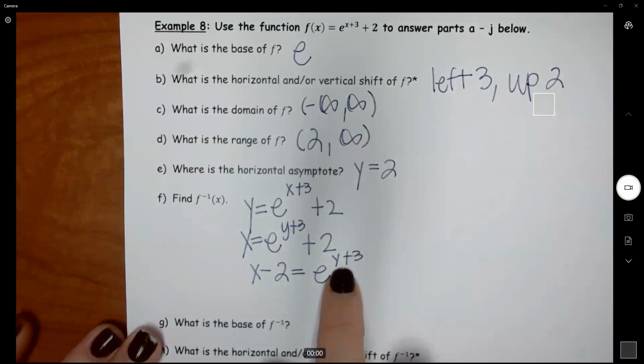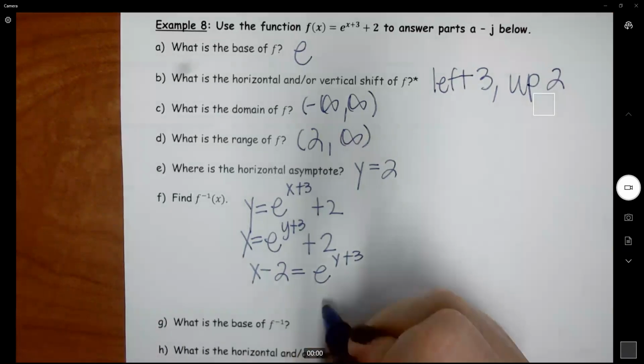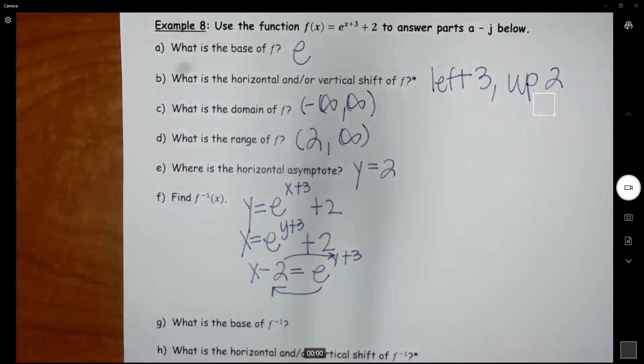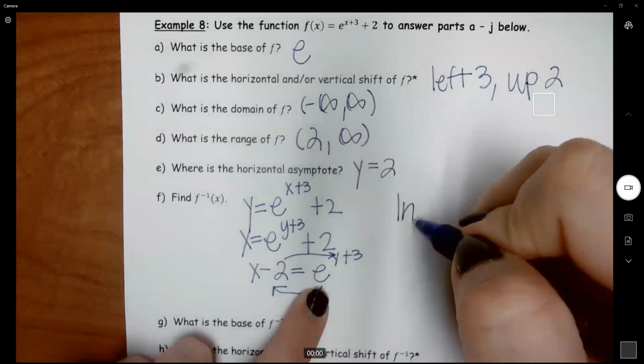I have no way of solving for a variable in the exponential place. So we need to rewrite this as a log and see if that helps. So this goes base to equals the exponent. So if my base is e, then I know this is the natural log.